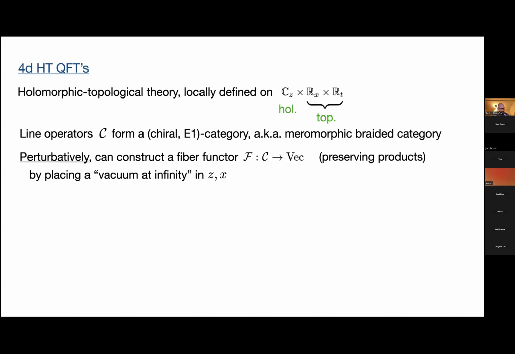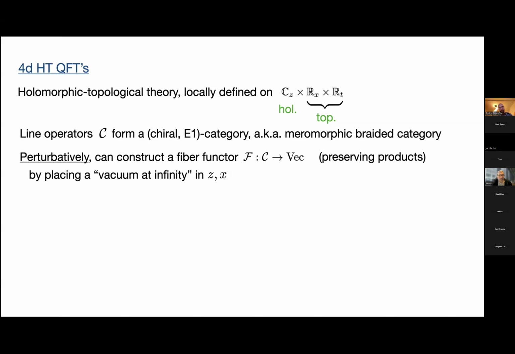So one way to say it is the following: if you try to take a product of two lines, the lines need to be fixed in their point on the holomorphic plane. They can't sit inside the holomorphic plane.